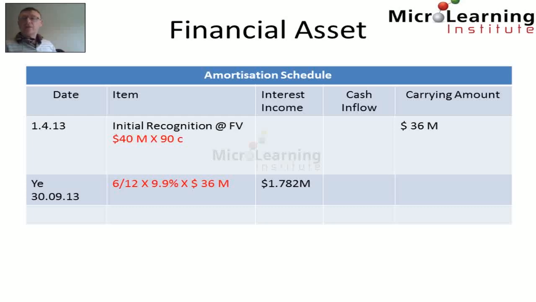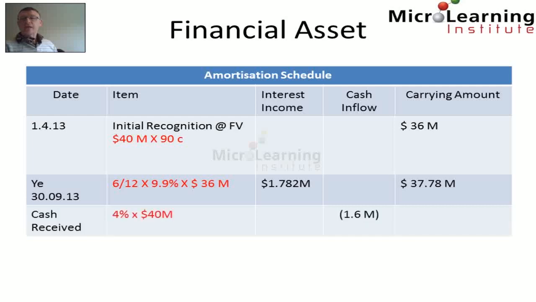The effective interest income that will be recognized in the books of Delta for the period ending the 30th of September 2013 is 1.782 million. Therefore, the financial asset will be held at year end at 37.78 million.